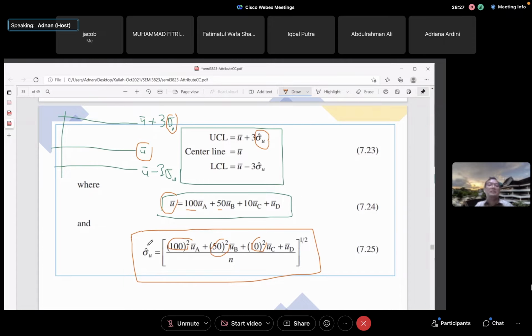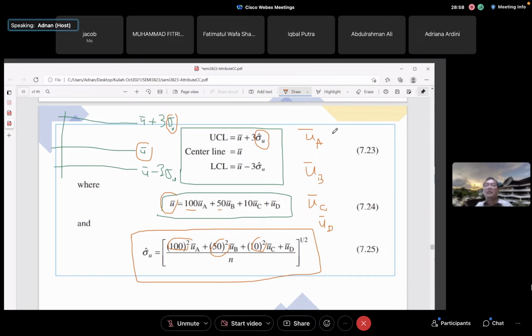This sigma U, we get it from the averages for different categories. U bar A, we have to calculate the average of all the categories of A. U bar B is all categories for B, all categories for C, all categories for D.